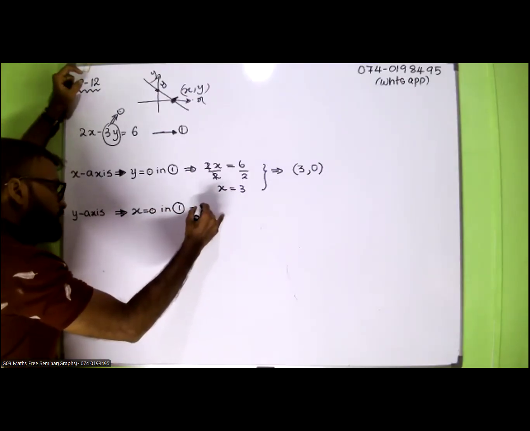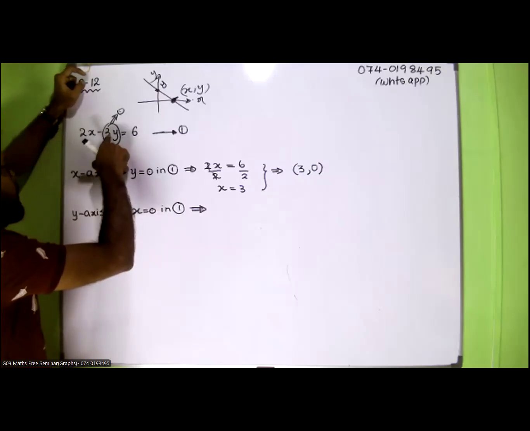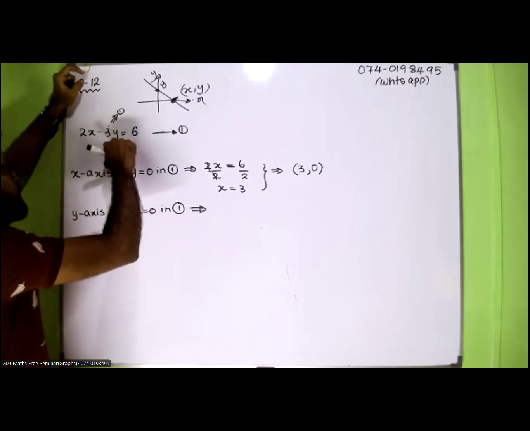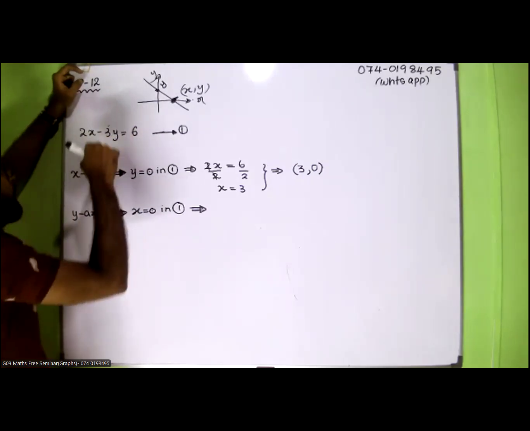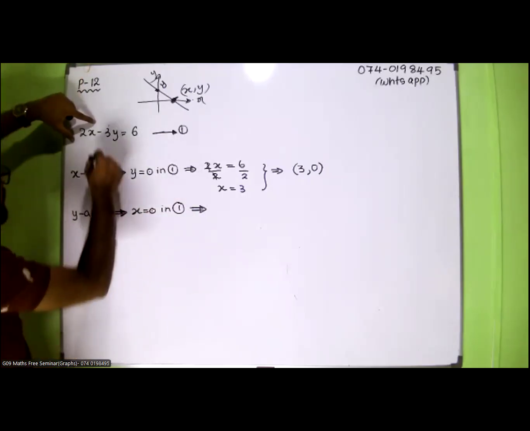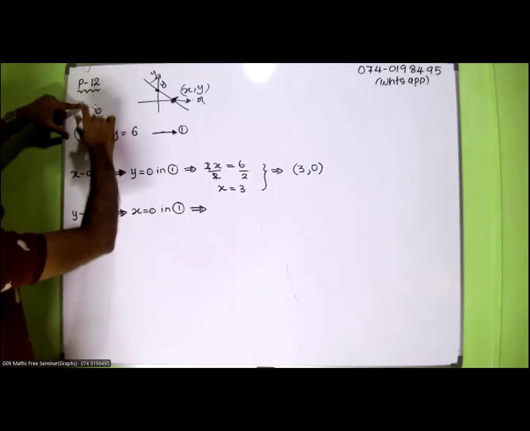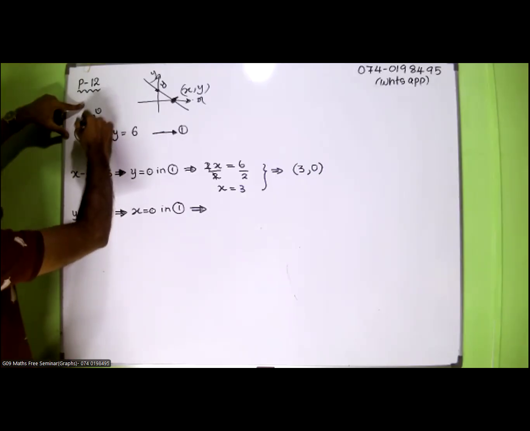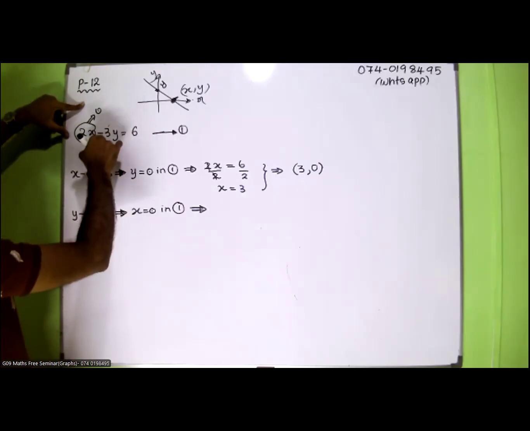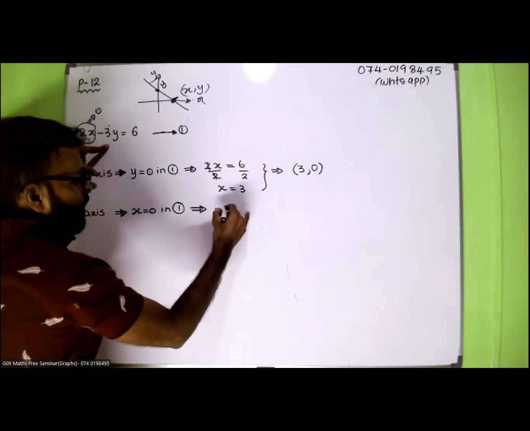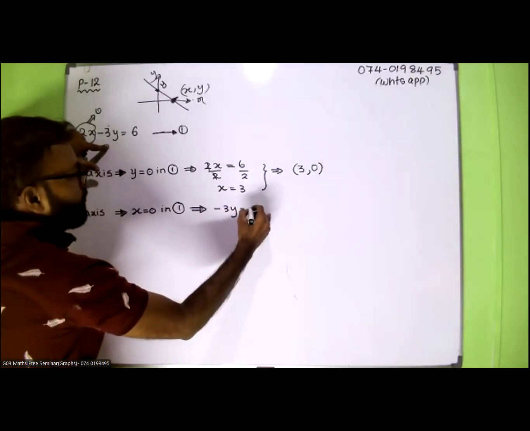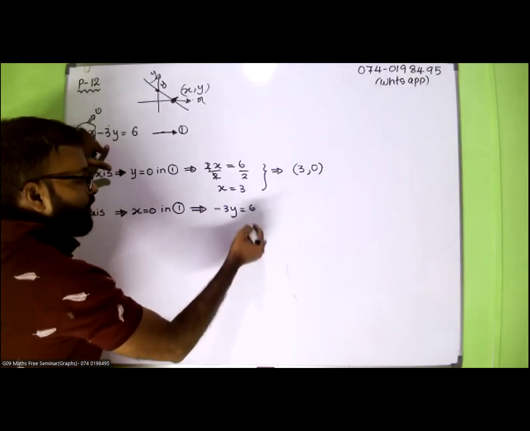What is 1? This is my function. If I substitute x equals 0 here, this whole term becomes 0. But I have minus 3y equals 6.